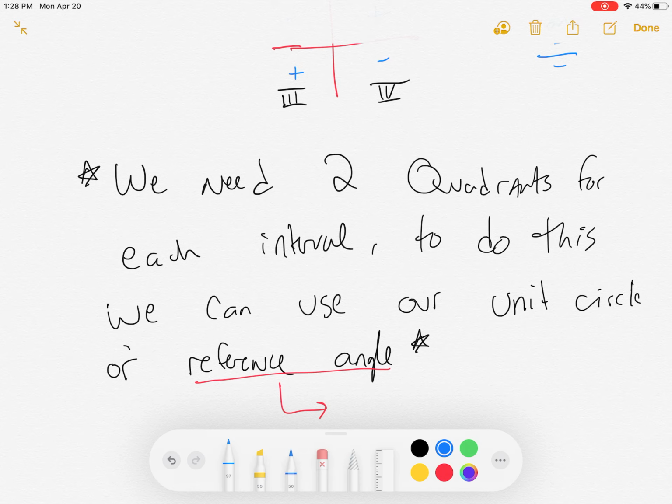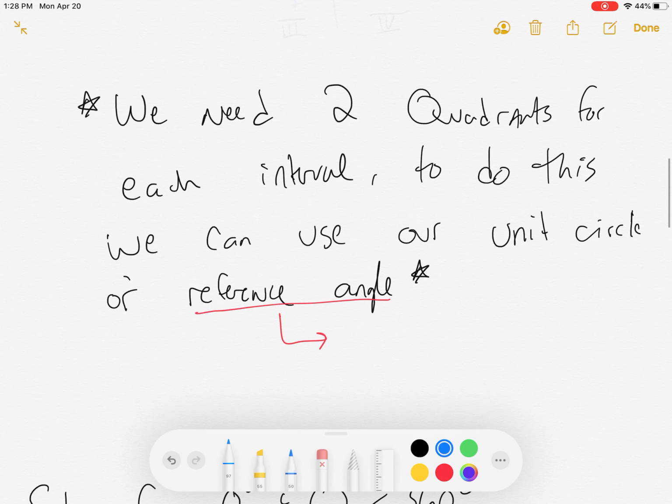Okay. Now we need 2 quadrants for each interval, and to do this, we can use our unit circle or reference angle. And again, a reference angle is simply the shortest path to the x-axis. For example, let's say a 120 degree angle.